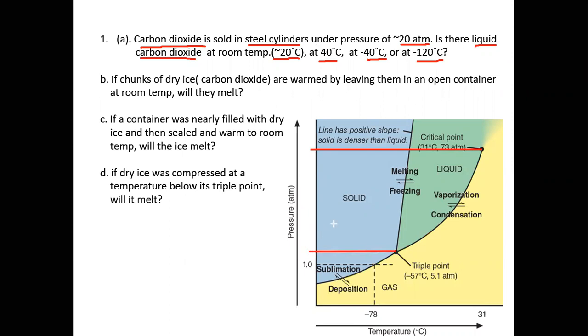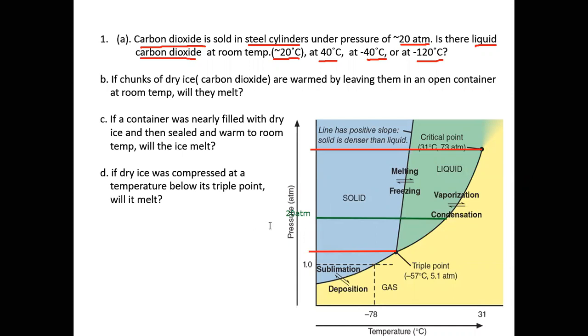And if we were to approximate where 20 would be, I would have to say right about here. So this green line represents 20 atmospheres. It'd be closer to 5 than it would be to 73.